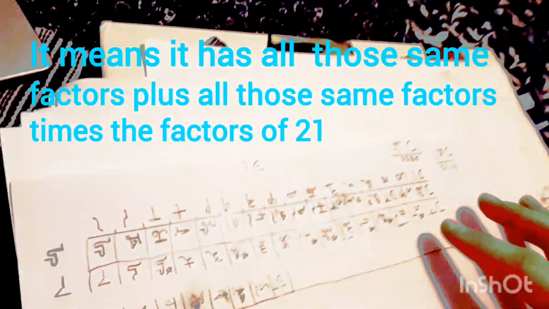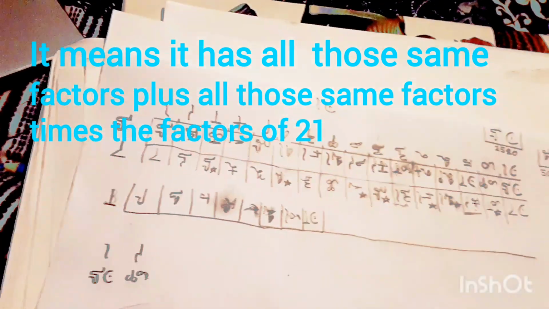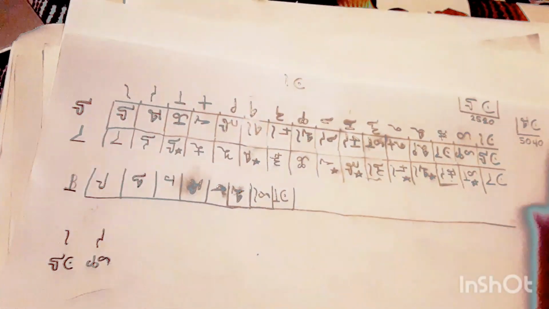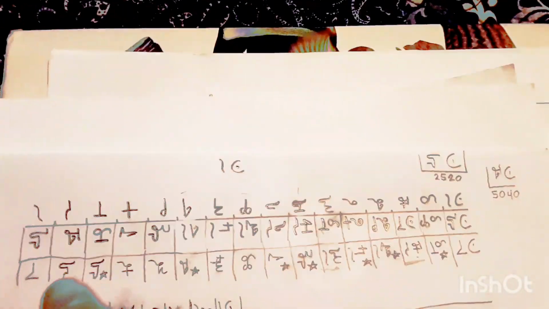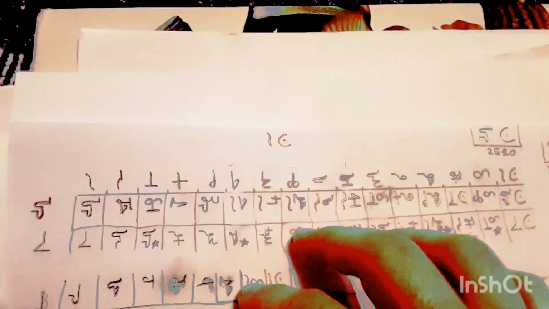That means in order to get all the factors of this number, on the first line, you put all the factors of 120. So that's 1, 2, 3, 4, 5, 6, 8, 10, 12, 15, 20, 24, 30, 40, 60, and 120.